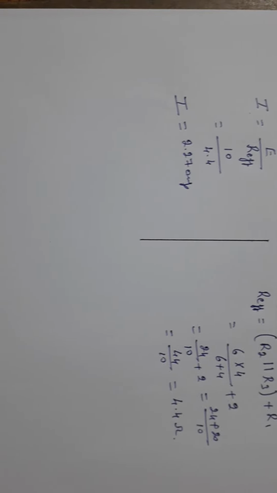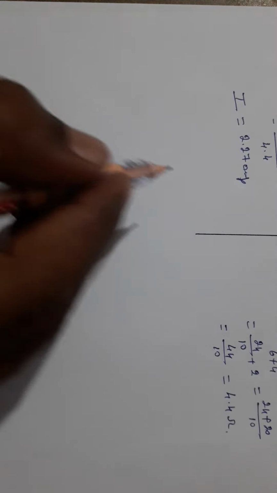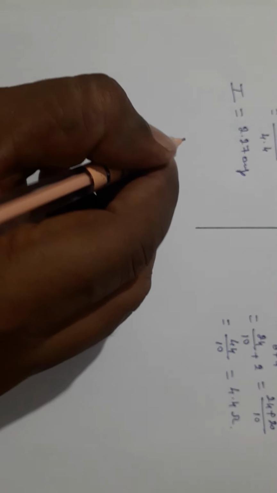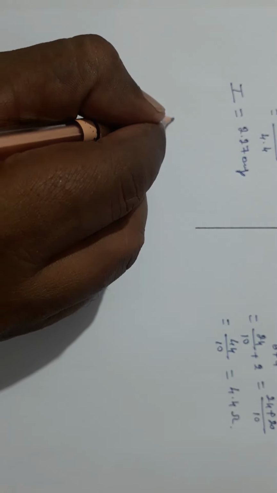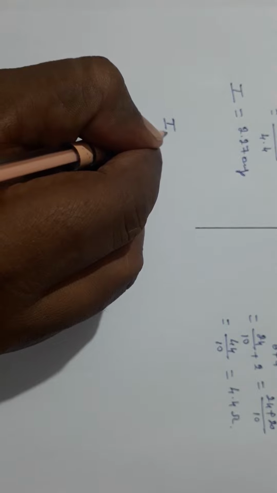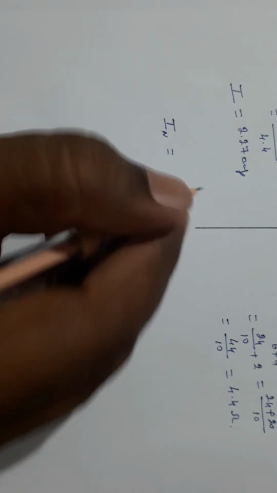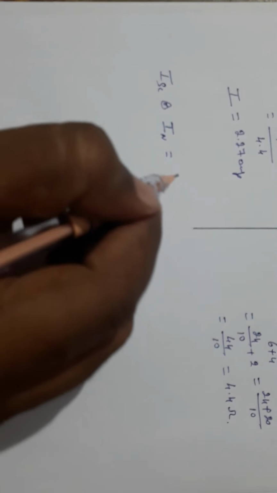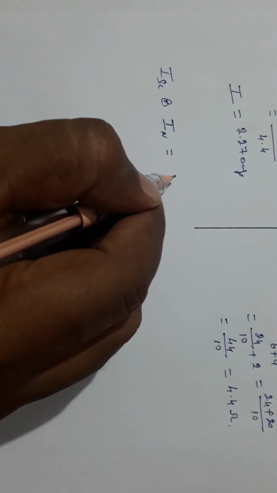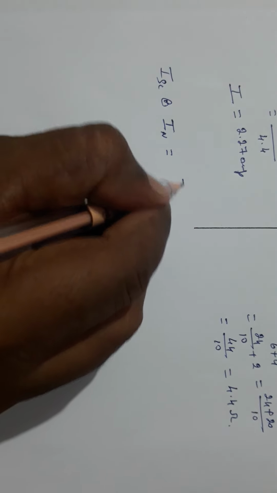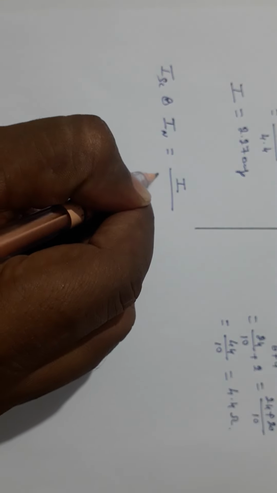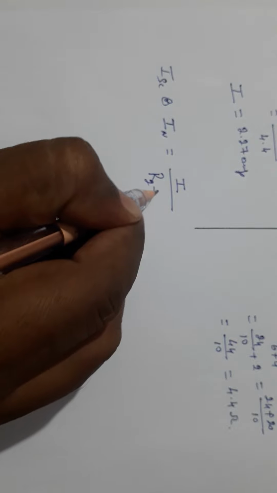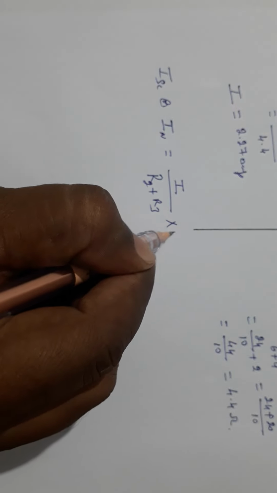And finally, we must calculate the value of ISC or IN, Norton's current. IN equals I divided by R2 plus R3, into R2.